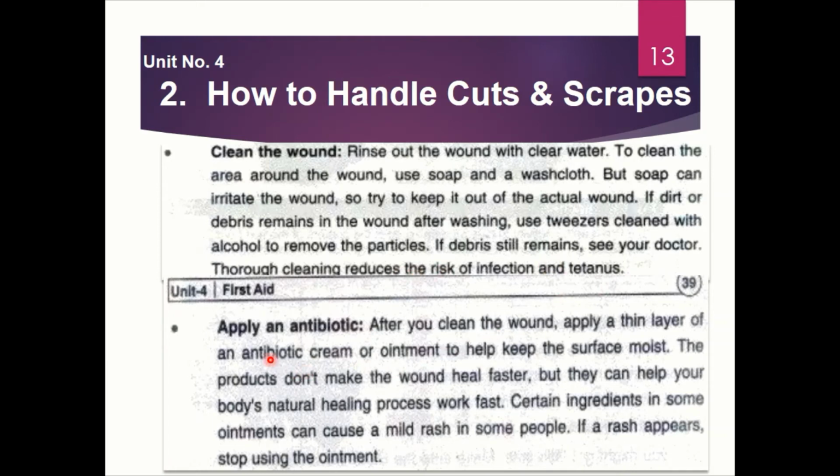Then after cleaning the wound, the next step is to apply an antibiotic. Antibiotics do not heal the wound, but they make the body's natural healing process work faster.